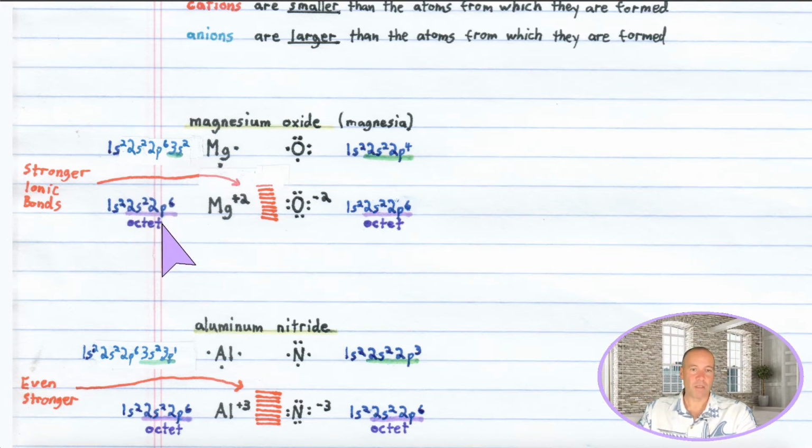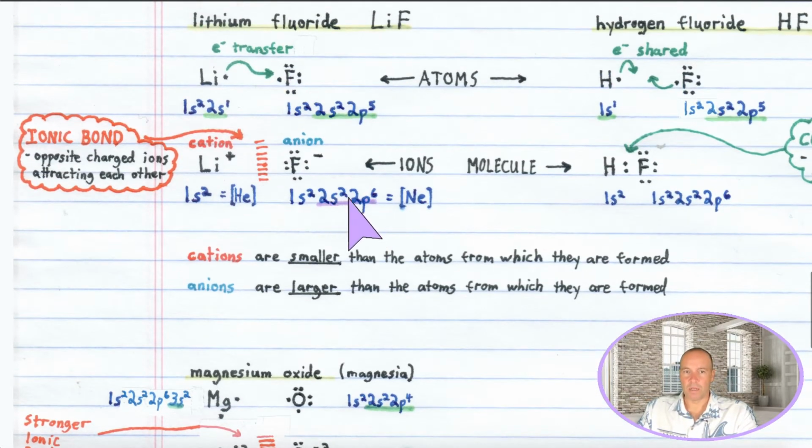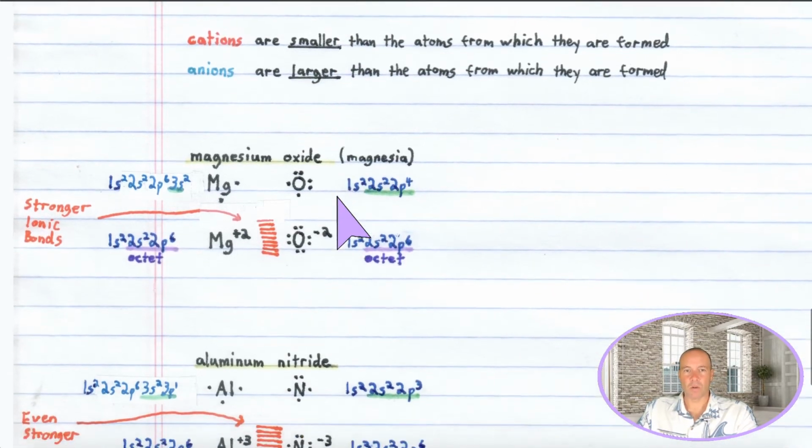And 8 electrons complete the 2nd shell. And by oxygen gaining 2 electrons, it also fills its outer shell. It gets that octet. So atoms like to gain, lose, and share electrons in order to form a filled outer shell. They want to get that octet. So that's what happened up here with the fluorine as well. You'll see octets quite a bit.